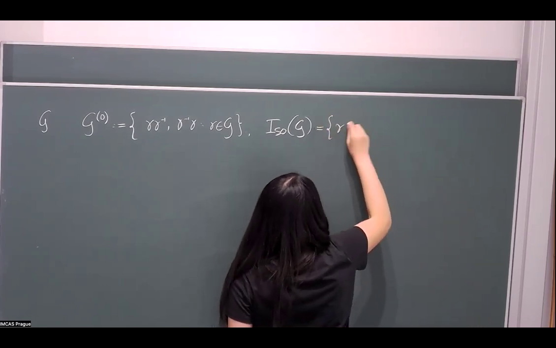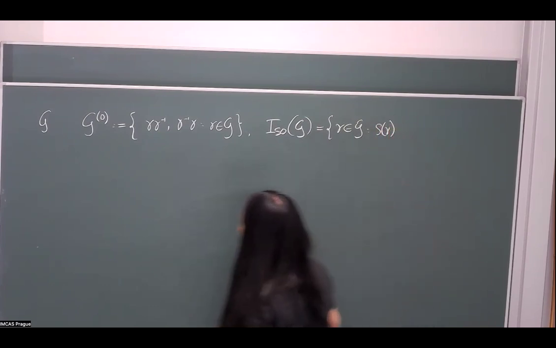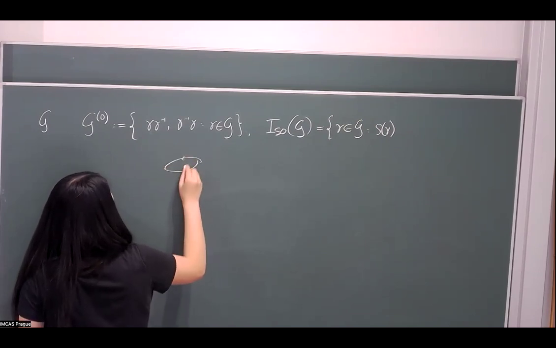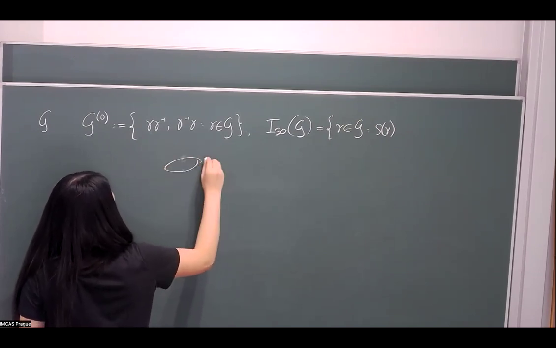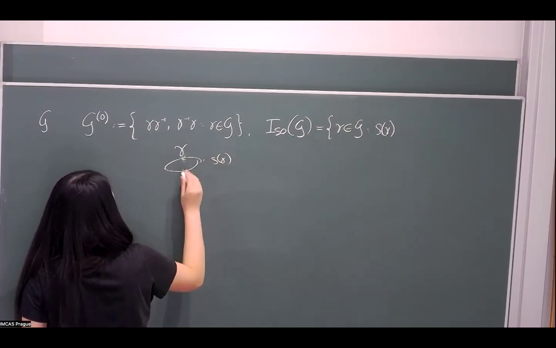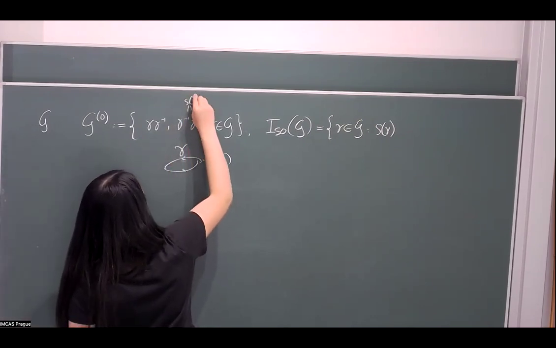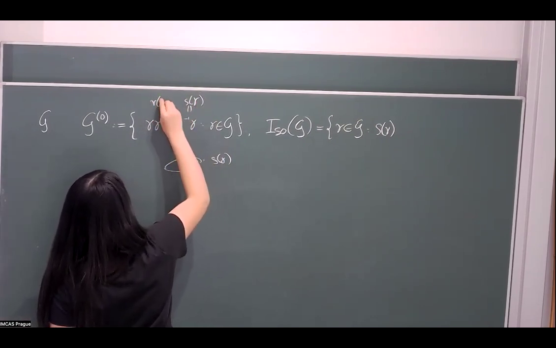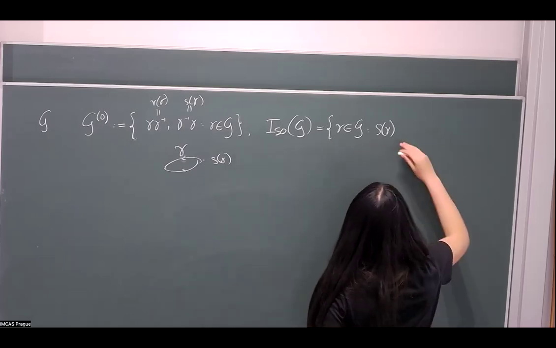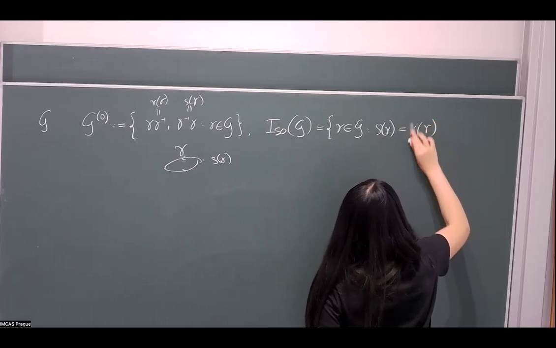So these are the gamma in the groupoid such that the source of gamma is the same as the range of gamma.